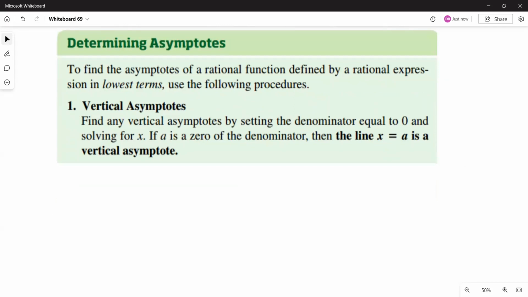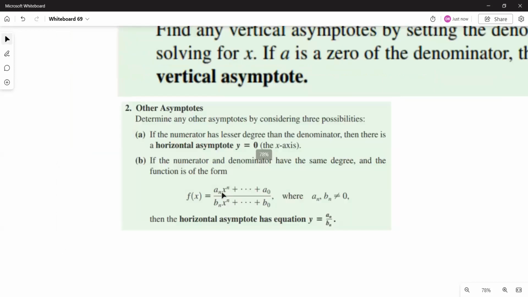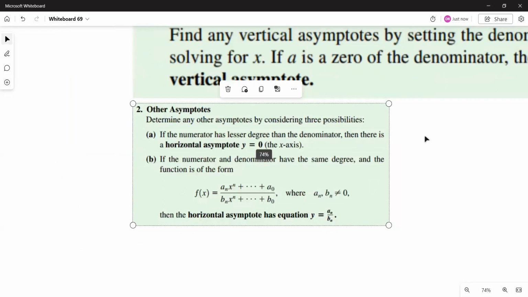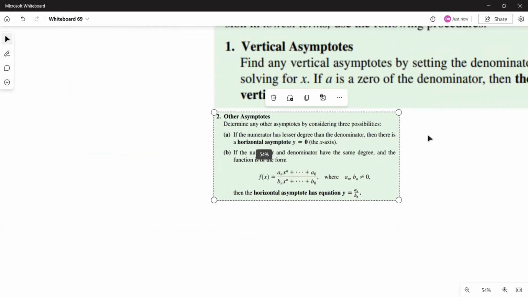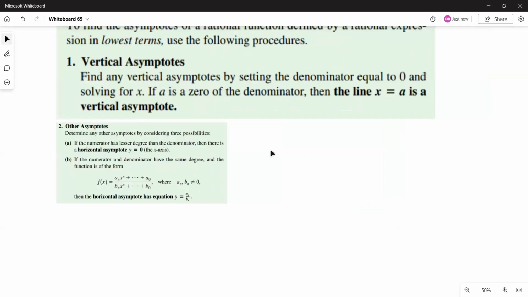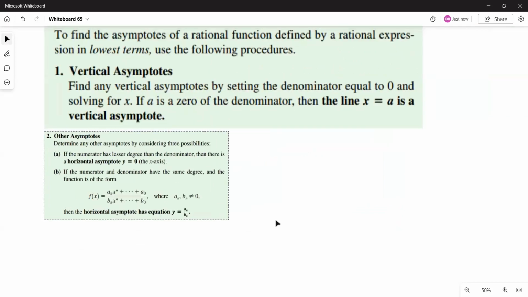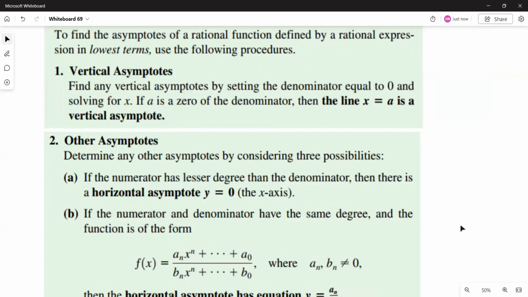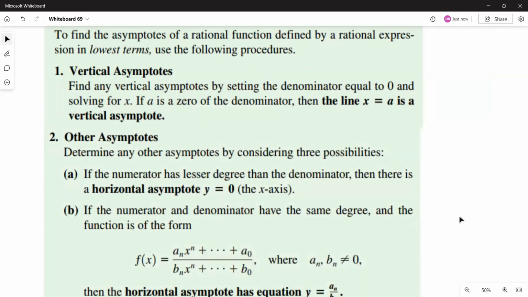And other asymptotes, I'm not covering slanted asymptotes, so I'm not even going to copy that. Determine any other asymptotes by considering two possibilities. I'm not going to do oblique or slant asymptotes.